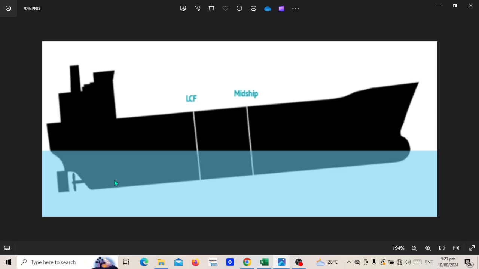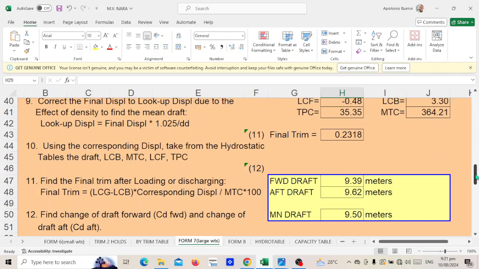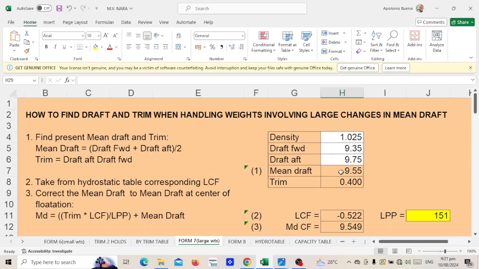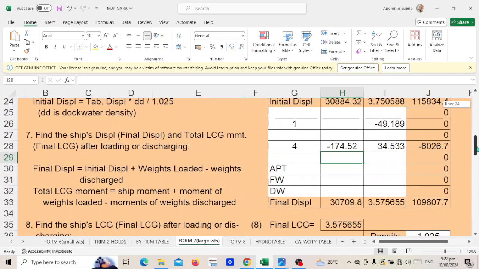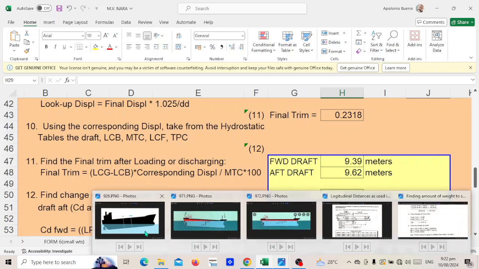So when the up part rises, of course, it will have a lesser draft, which is 9.62, while the original draft was 9.75. On the forward part, the initial draft was 9.35. Now its draft is 9.39.